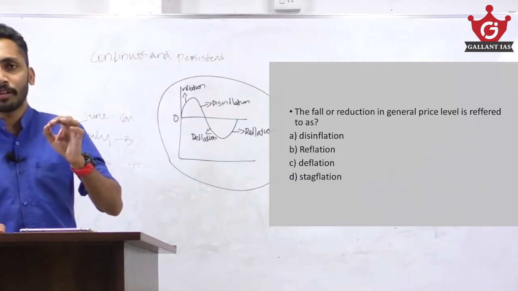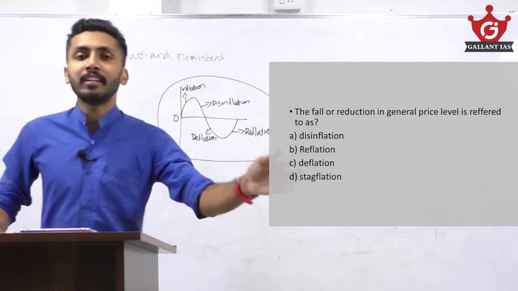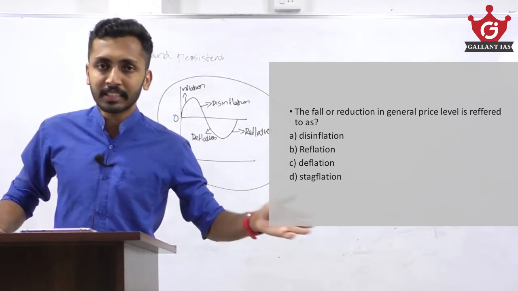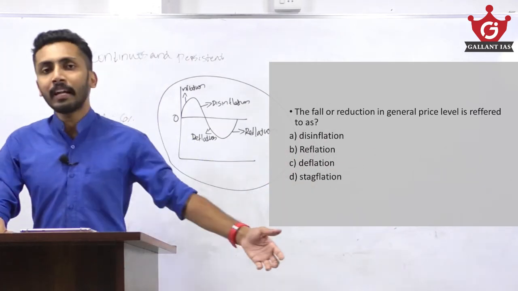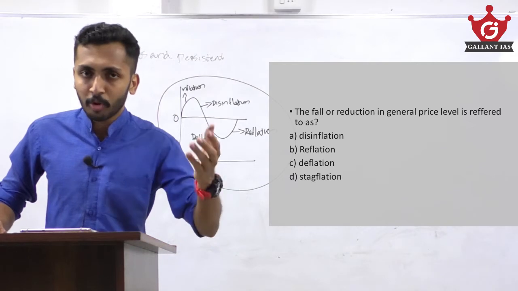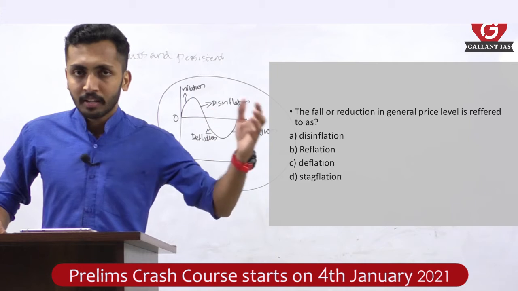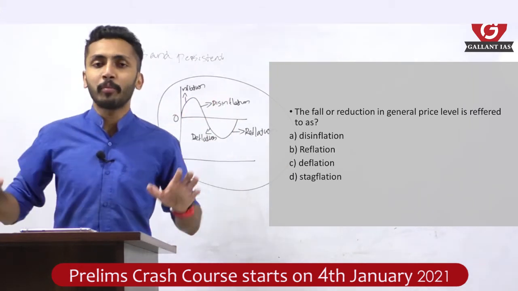Additional jobs or workers are needed to produce additional goods and services. So, when additional jobs are created, the unemployment rate will go down. Here, inflation is helping to reduce unemployment.